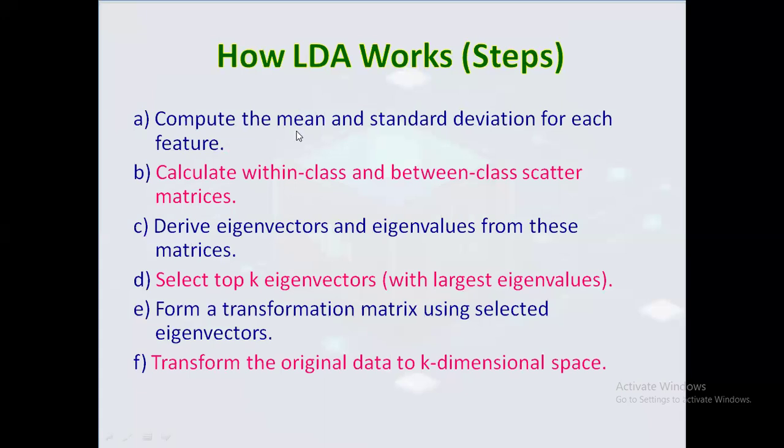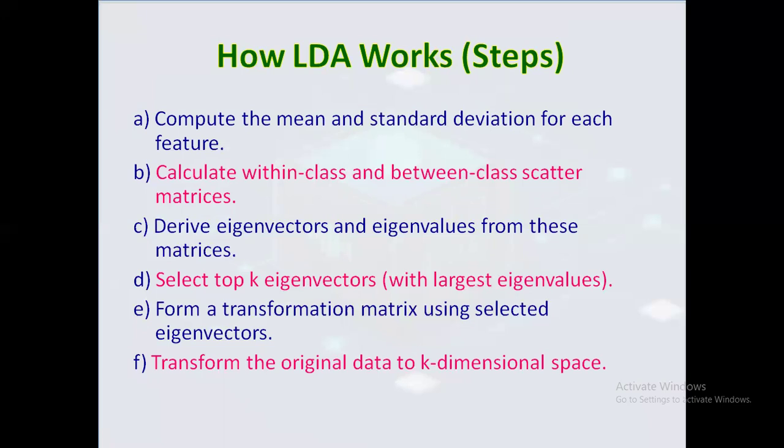Next, we have to calculate two types of scatter matrices: within-class scatter, that is how much data spreads inside each class, and between-class scatter, that is how far apart the class means are. These matrices are used to compute eigenvectors and eigenvalues, which capture the directions and magnitudes of maximum separation.